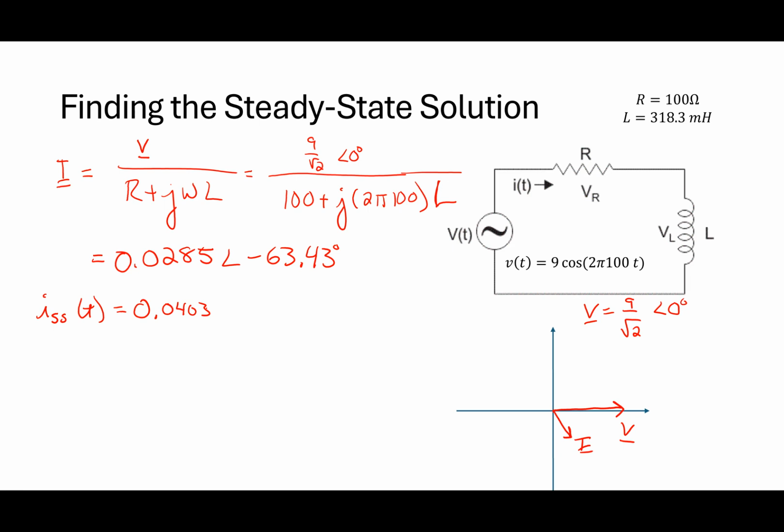Multiplied by square root of 2, giving 0.0403 cosine(2π100t minus 63.43 degrees). This is a peak value that I put in front. So the peak value is square root of 2 times the RMS value, and the RMS value is the peak divided by square root of 2. Okay.